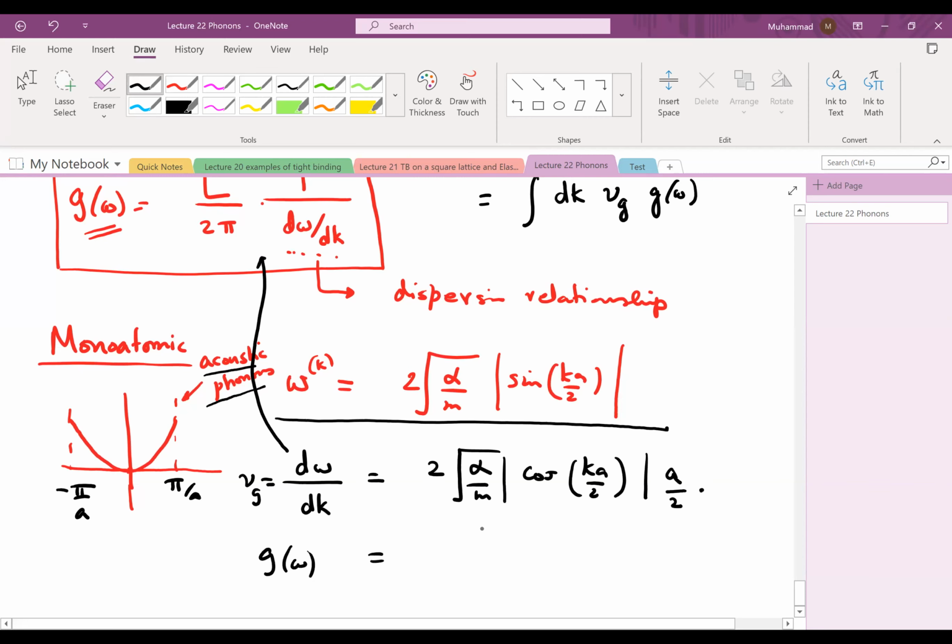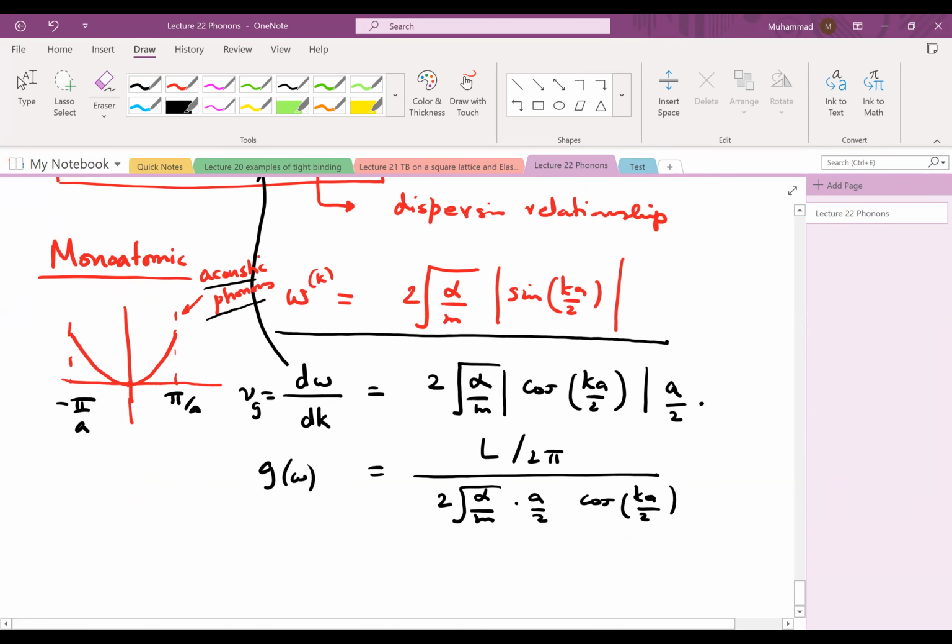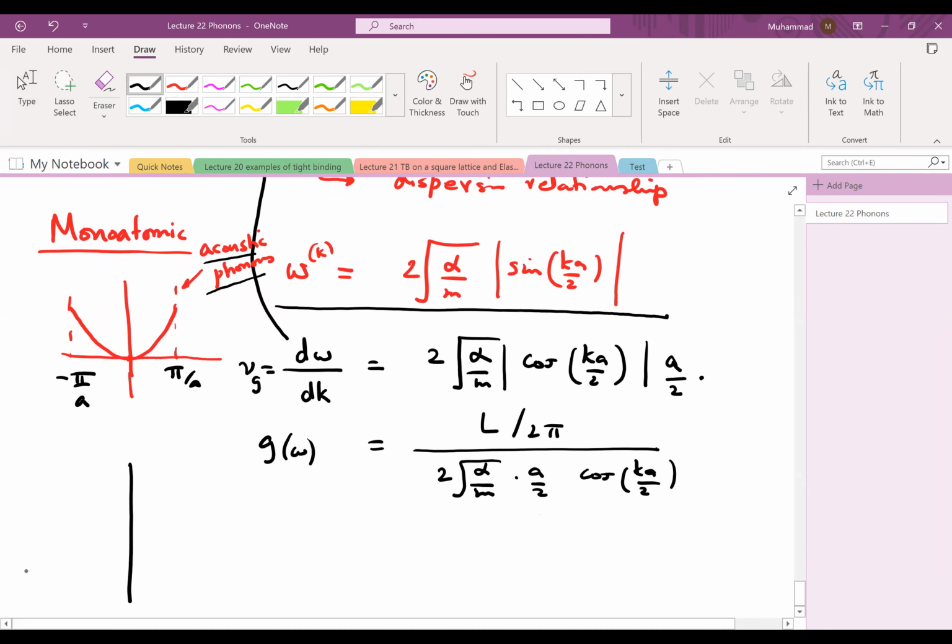G omega is going to be given by L over 2 pi, divided by 2 alpha over m, a over 2, cosine ka over 2. So the density of states is going to look like a secant function, probably of this kind. When k is 0, this is 1.